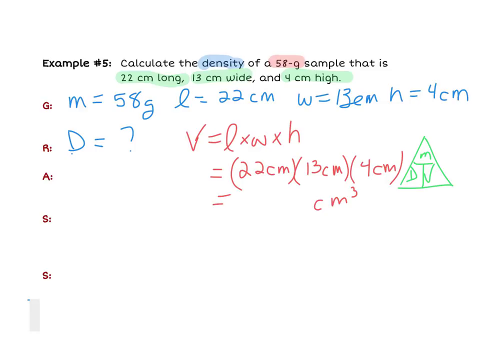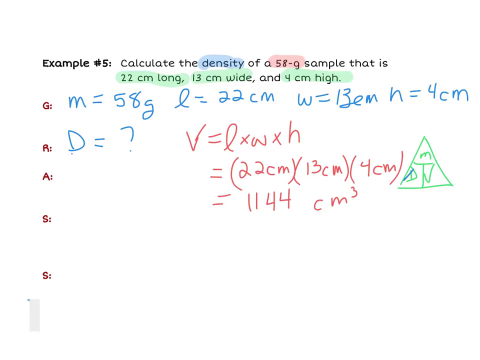So 22 times 13 times 4 will give me 1,144 cubic centimeters. Now that this is something I know, it's not given, but I've problem solved that, I'm ready to go back to solving the original problem, which is my density question.